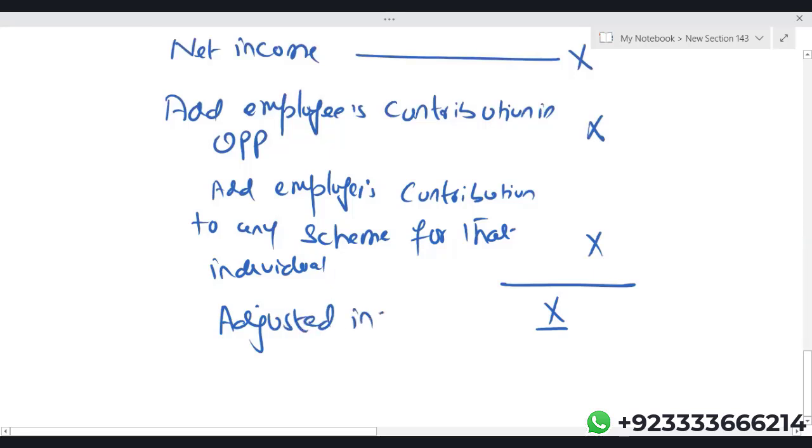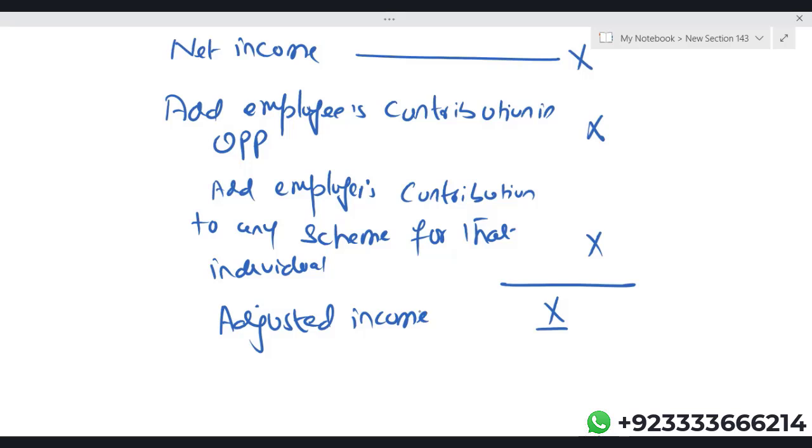Now please listen to me carefully. If instead of adjusted income, someone uses the words total adjusted income, that is acceptable. As far as your format is correct, you will not lose any marks by writing total adjusted income. If you ask me, you should use the word adjusted income, but using total adjusted income is no issue at all. As far as your format is accurate, you will get marks. Now listen carefully.